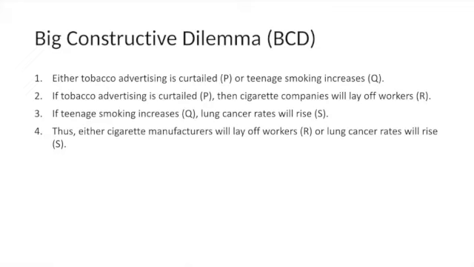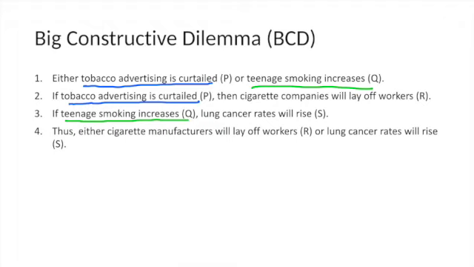So here, again, a little bit more complicated of an argument, but not too bad. We start off with a disjunct. Either we're going to curtail advertising, or teenage smoking is going to increase. Then each of those disjuncts in premise 1 becomes an antecedent in a different conditional premise, the antecedents in 2 and 3 respectively.